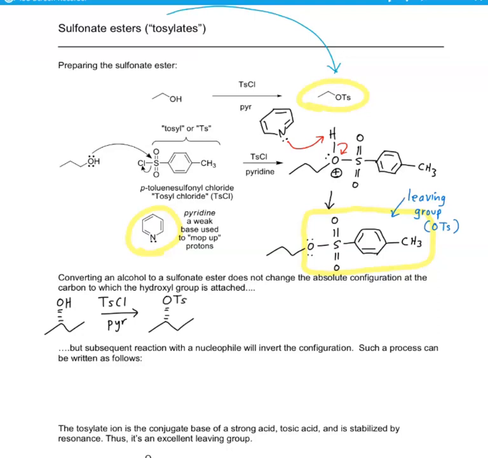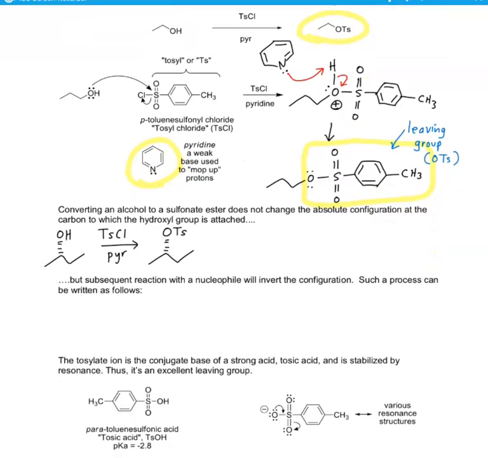So tosylating this alcohol is not going to change the stereochemistry. However, now that we have something that has a good leaving group, presumably we wanted to make it so that we could react it in something like an SN2 reaction. So let's use sodium iodide and acetone as the reagents to treat this tosylate.